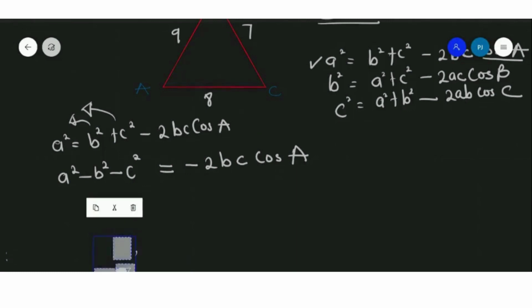That is our target here. Nothing is more important to us than making cos A our subject. So let's divide both sides by minus 2bc.